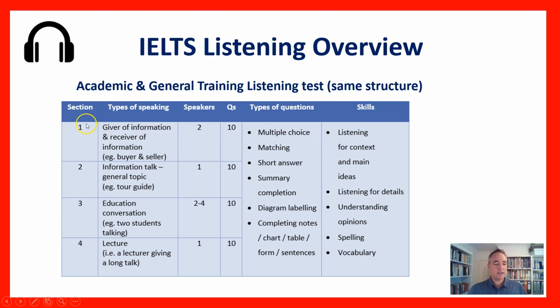So like we said, in section 1, we've got a giver of information and we've got a receiver of information. In section 2, there's an information talk. So somebody, as we can see here, just one speaker will talk for quite a long time on a particular topic, and there'll be 10 questions associated with that.